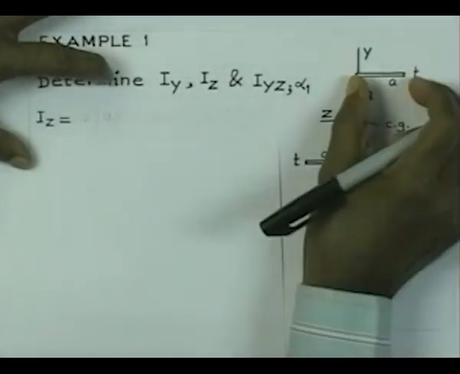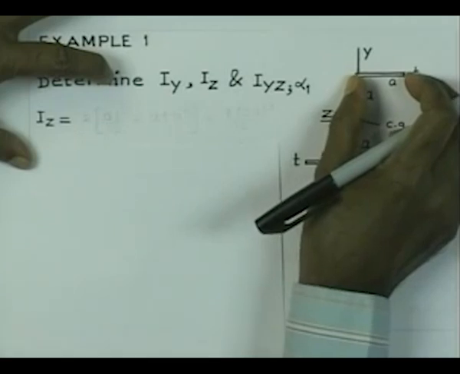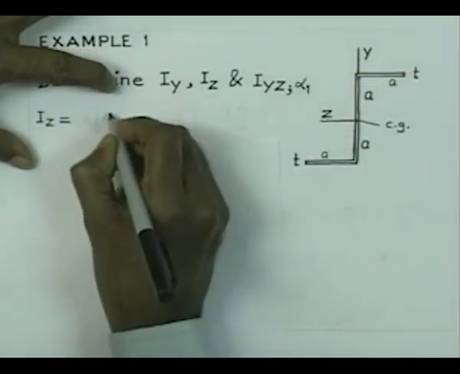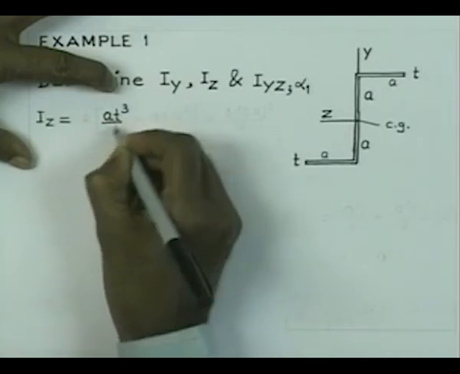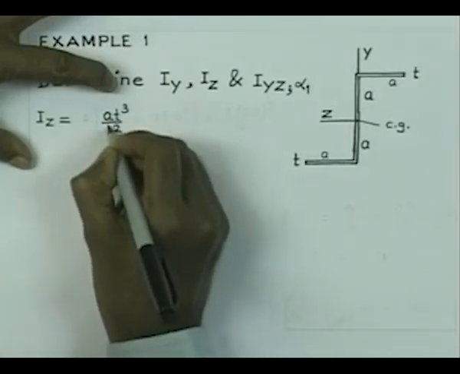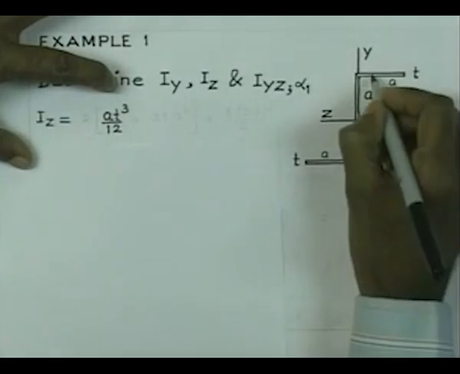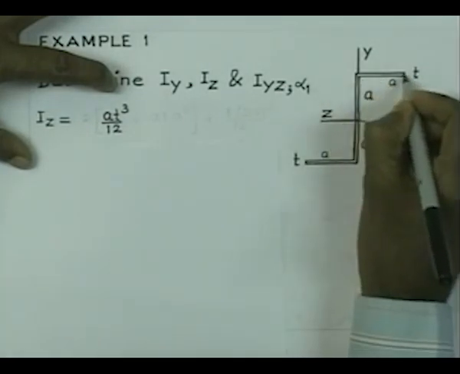So, I can write the moment of inertia of this segment about Z axis as A T cube by 12, that is the moment of inertia about its own axis, that means actually the axis passing through the CG of this segment.